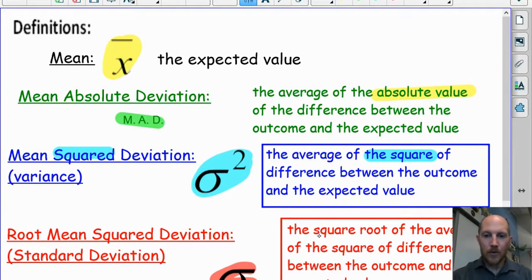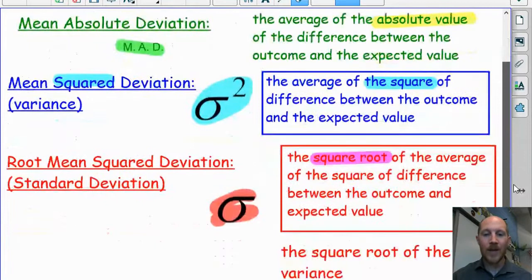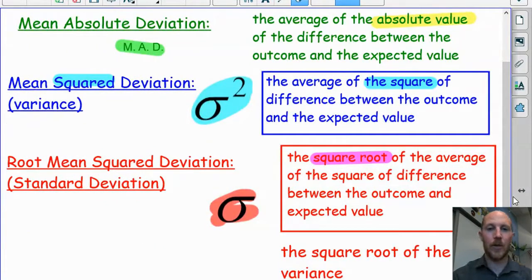So this is the square root of the variance. So the square root right there, that is the difference between the red definition and the blue one. We have done the square root of the variance. Again, that's actually how we're going to calculate standard deviation, by first finding the variance and then square rooting it.